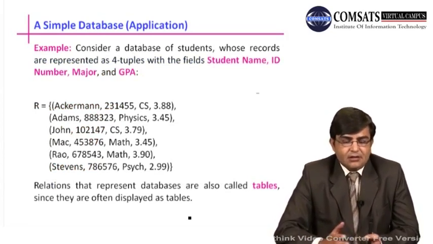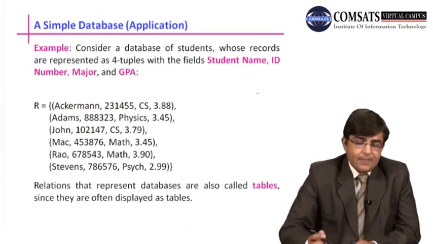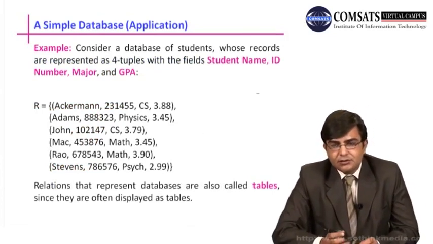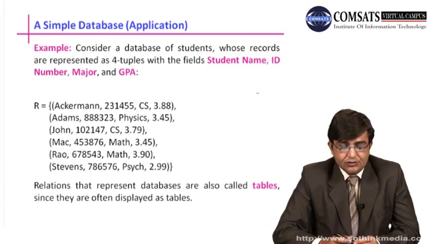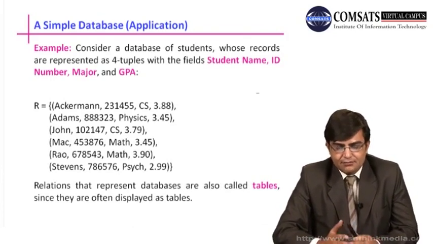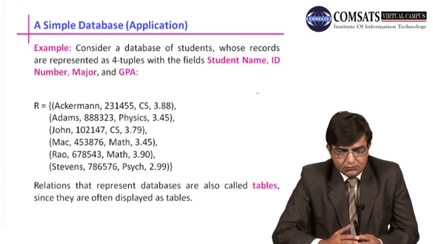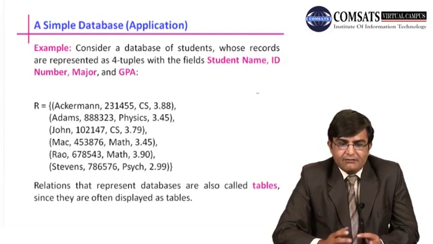How to manage the data in a computer. Consider a database of students, which we usually encounter in universities. Students have names, student ID numbers, a major subject, and GPA.